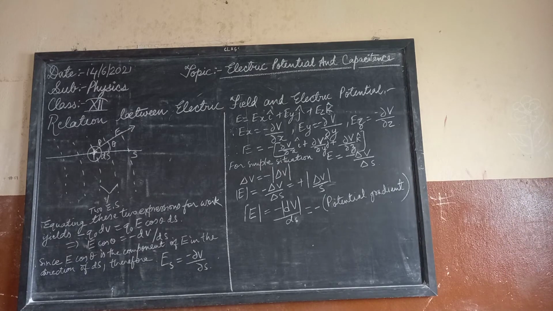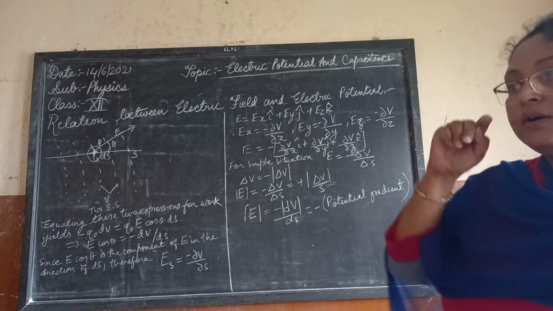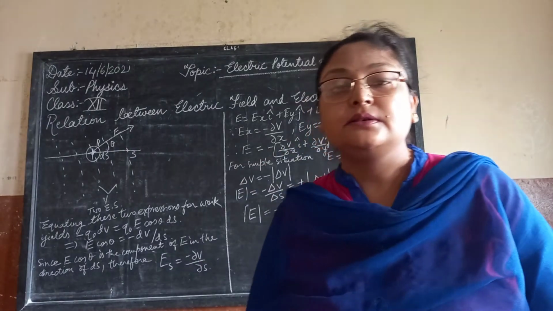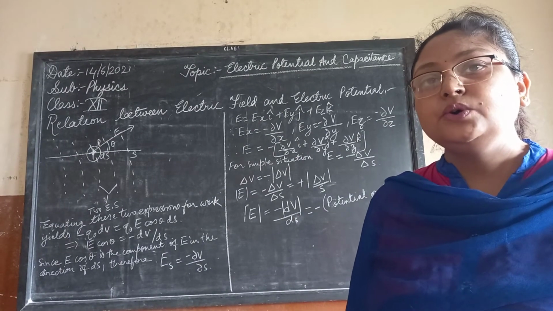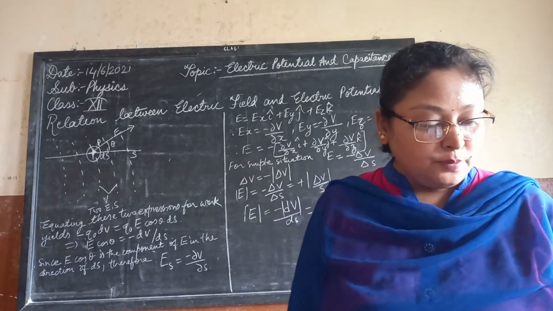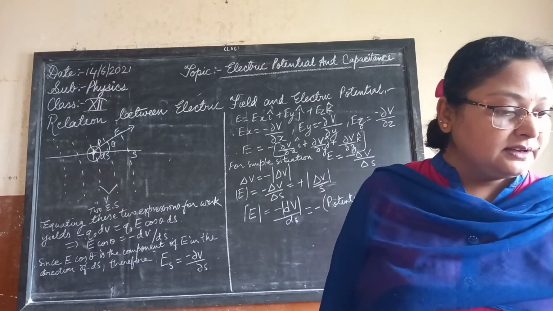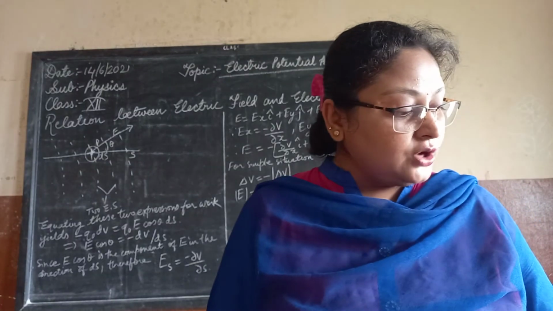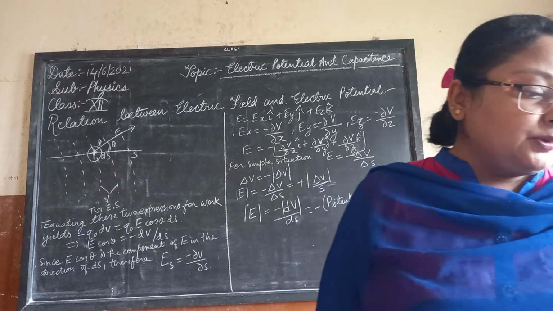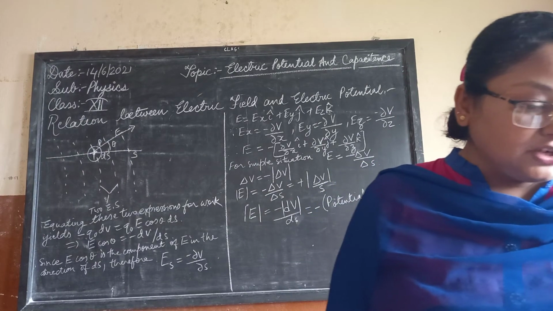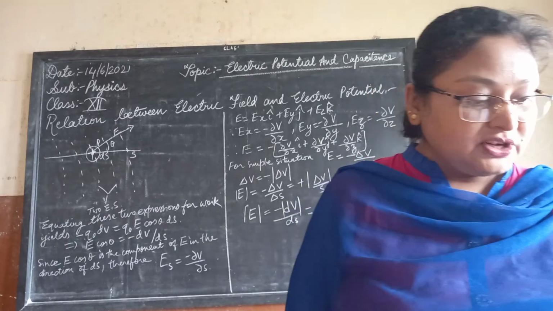I will give the video recording regarding this topic, and a PDF will be attached with this video on your WhatsApp. I hope this topic is understood by you. The next topic will be electrostatic potential energy of a system of charges and equipotential surfaces of a system of two and three point charges.